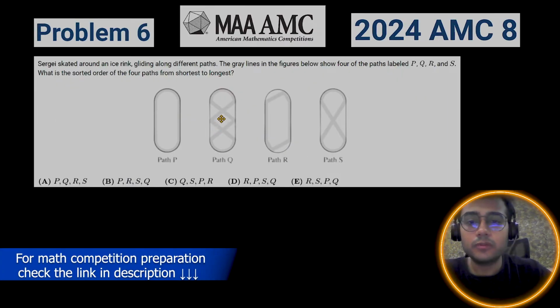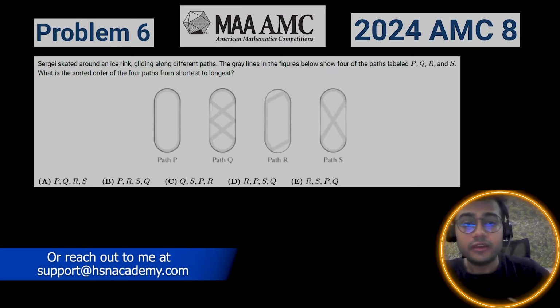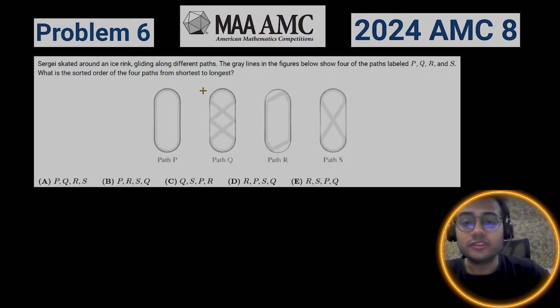Okay, so in this problem, there are 4 different paths that they have shown us, and they want us to order them from the shortest to the longest. So let's start with the simplest one to think about, that is path P, and let's compare it with path R. So what is the difference between P and R?